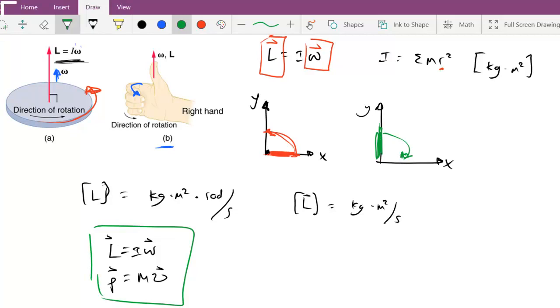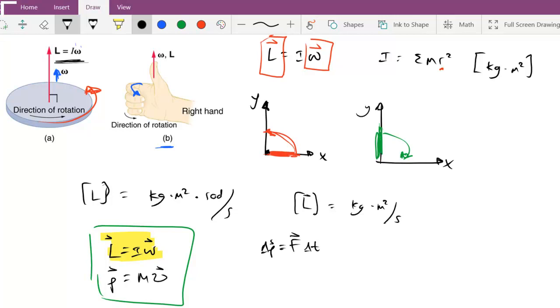So angular momentum is a vector quantity. And if you remember back to linear momentum, in order to change linear momentum, it required an impulse. Remember back that a change in momentum was a force applied over a time, and this change in momentum was called an impulse.